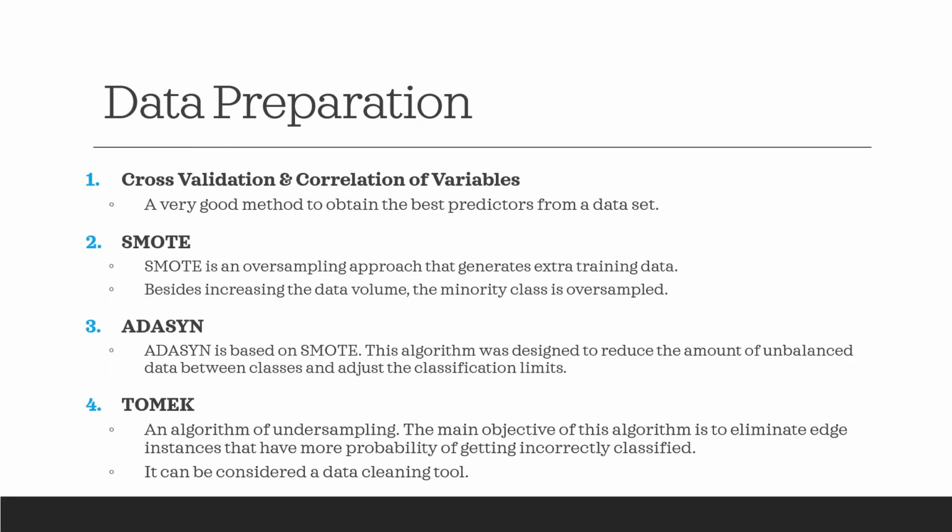Now, speaking about data preparation tools, here is a list of the most relevant ones in this project. The cross-validation method allows us to select k uniformly sized subsets from the data. One of the k subsets is left out in every iteration, because cross-validation builds a model using the chosen subsets and evaluates the model on the remaining subset.